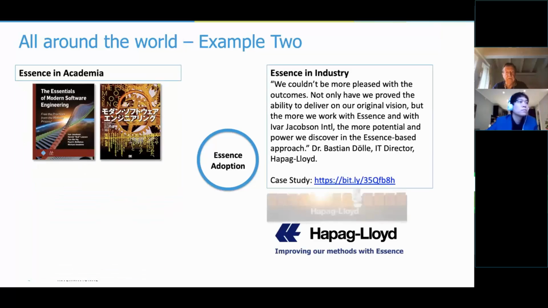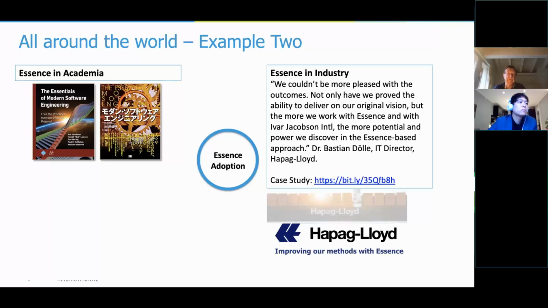So let's go to example two. This is industry. A lot of companies around the world are using Essence, but this is a very fresh case study coming from Hapag-Lloyd. Hapag-Lloyd has decided to put all their practices in a practice library and make them available for different projects.